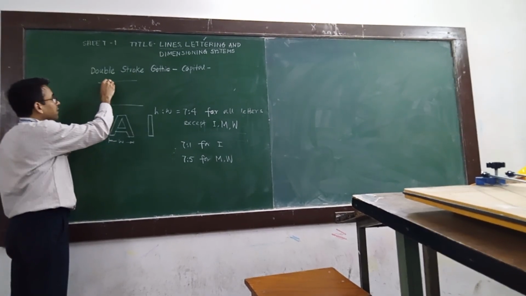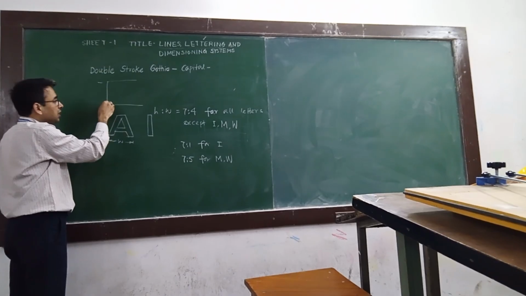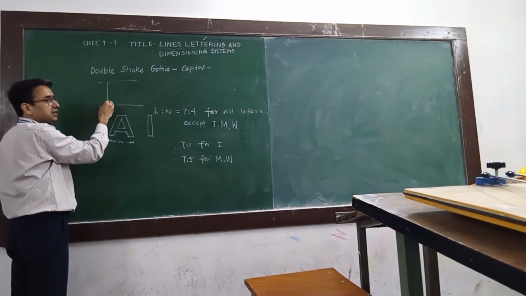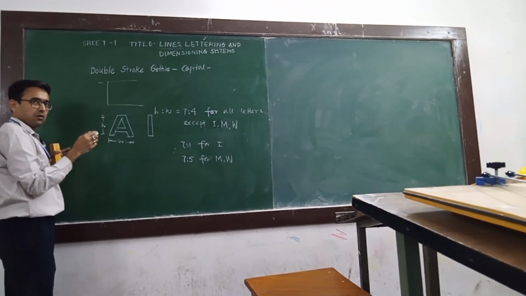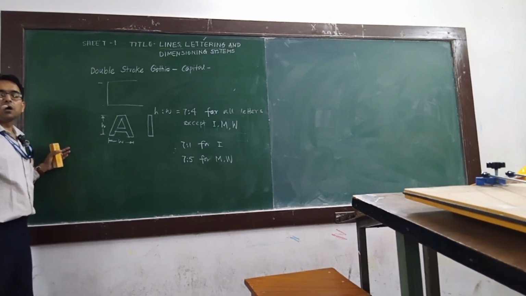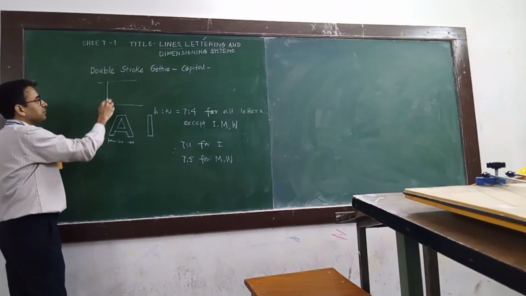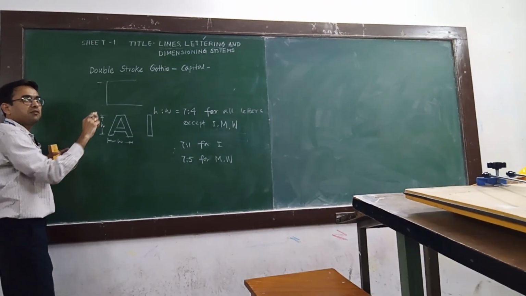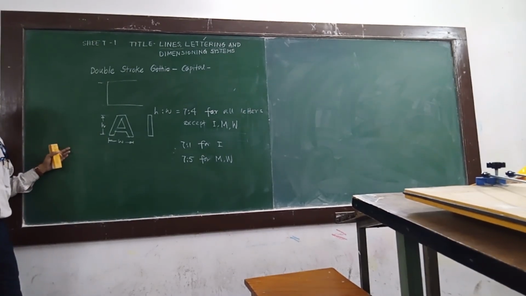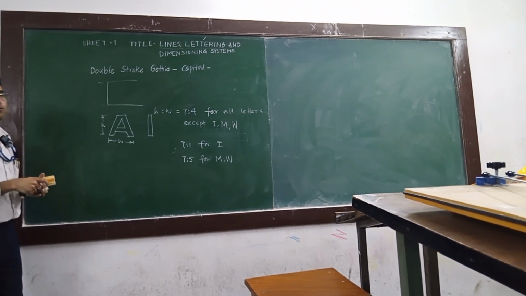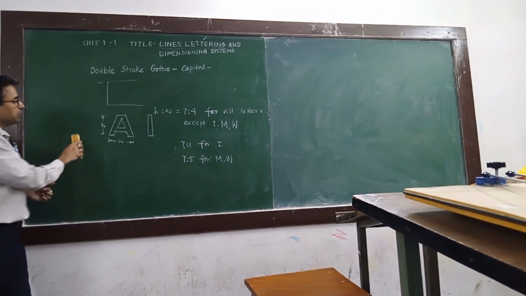If I have 35 mm, I can easily get the division from the ruler, 5 millimeter each. But if it is, for example, 30, then you cannot divide it by ruler. It is not available. So you have to know how to divide. That thing we will do first. Clear? Is it clear why we are doing this?